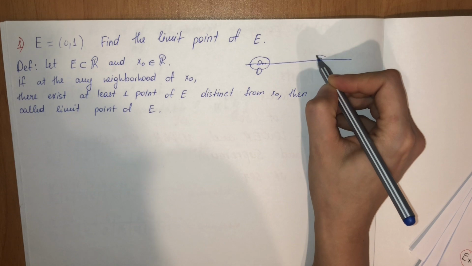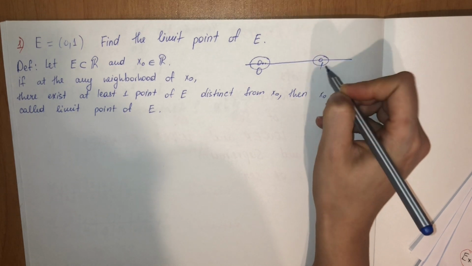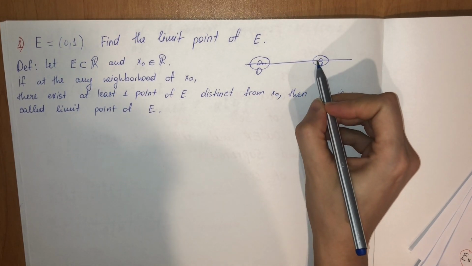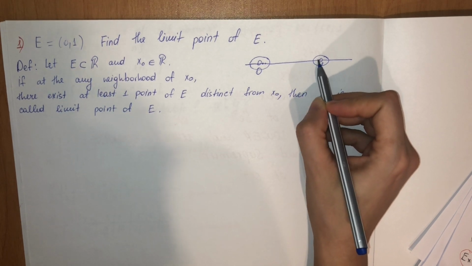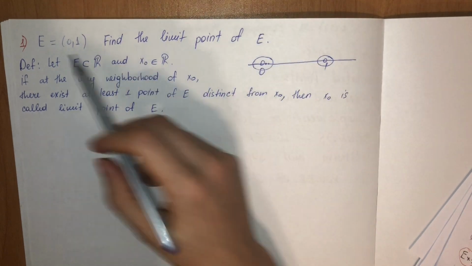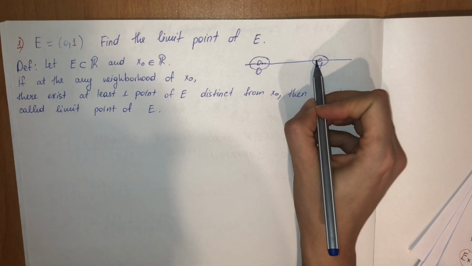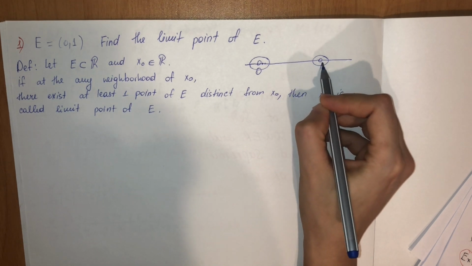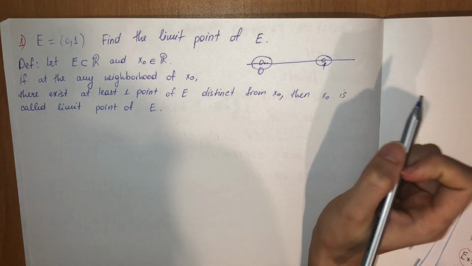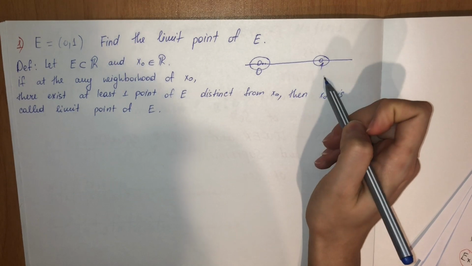Also, we can draw a circle around 1. In this circle there are elements from E which are distinct from 1. So 1 is also a limit point.